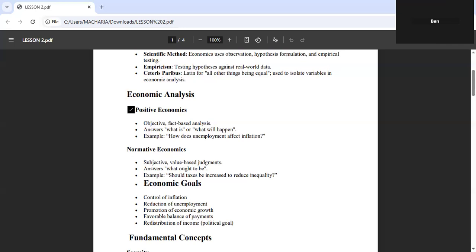So that is normative. It is subjective. Positive economics is objective. But when you come to normative economics, then you are talking about judgment: what ought to be, what can happen in case such variables are changed.